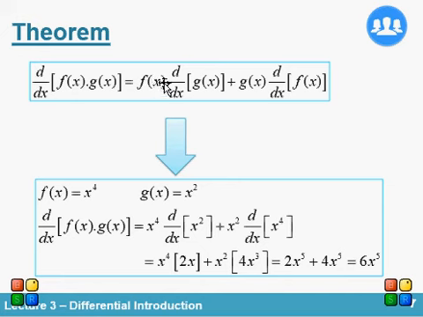For the first f(x), we do not differentiate it: just the basic f(x) times the differentiated g(x), then connected by plus, and then the basic g(x) times the differentiated function of f(x).